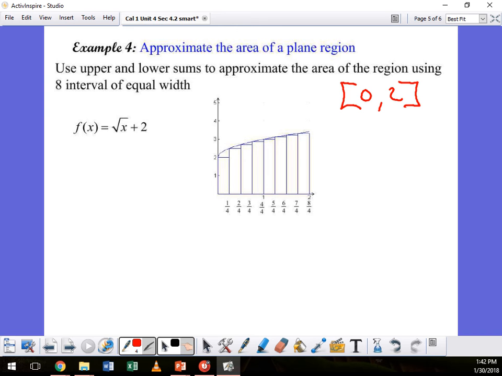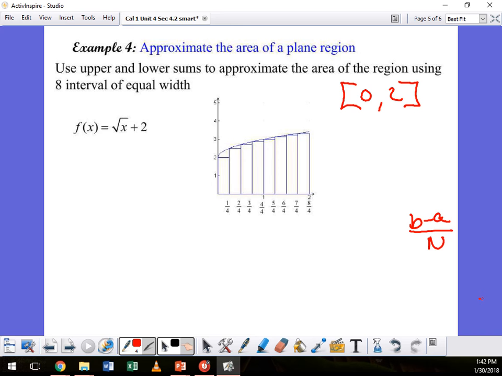We take our entire distance, and it's going to be b minus a, divided by n. In this case, my b is 2, my a is 0, and n is 8. There's my 8 intervals.